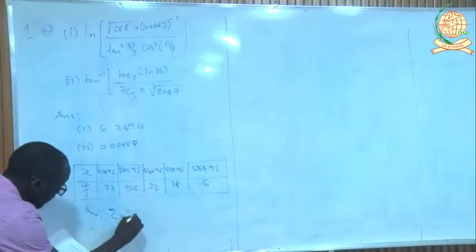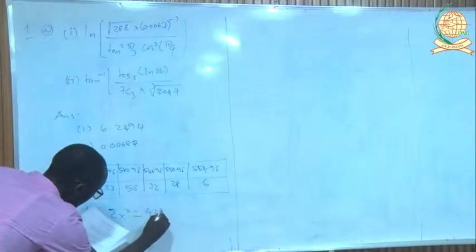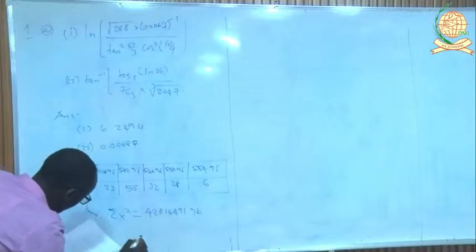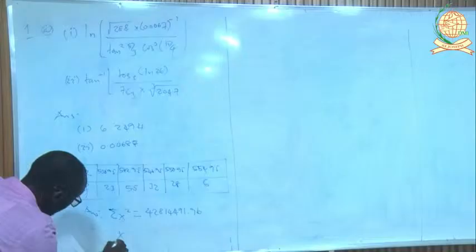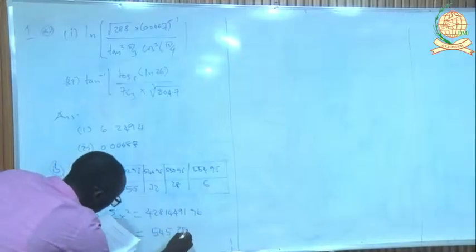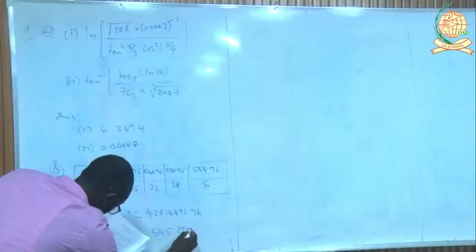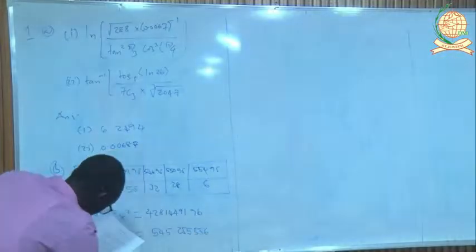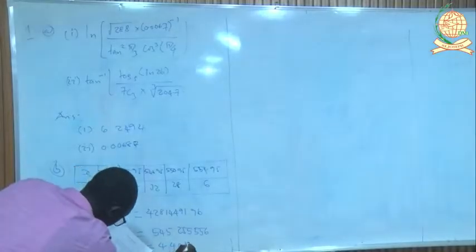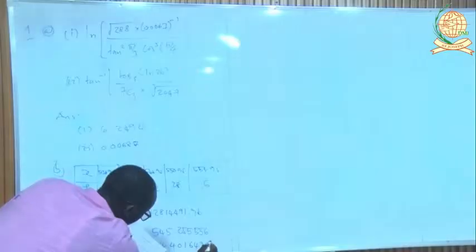The summation of x squares should have been 4,281,4491.96, and the mean for your values was supposed to be 545.255556, and the last one, the standard deviation, had to be 4.401649052.